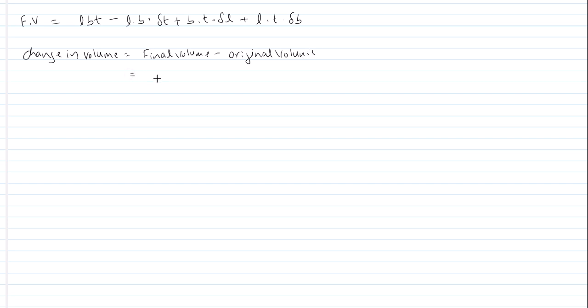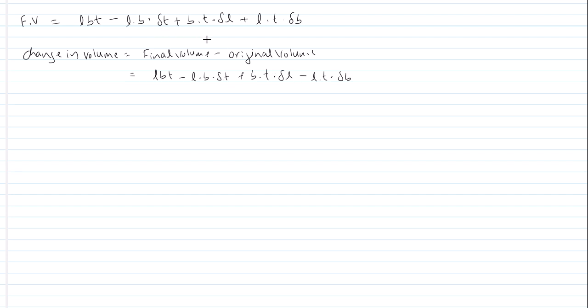So final volume is this one, that is LBT minus LB times delta T plus BT times delta L, that is again minus LT times delta B. So only in the length direction it will be plus, and in the width and thickness directions it is minus actually.